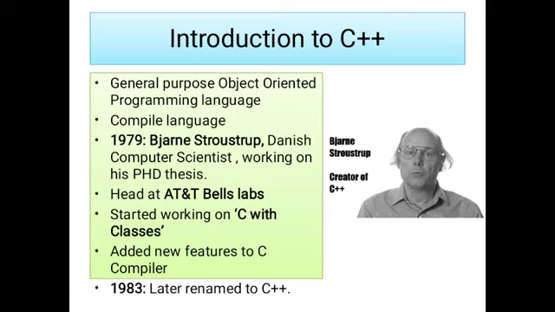By the name, you can understand that this language is derived from the C language. So he had added some classes and other features to the C programming language, and then he named it C++ in 1983.